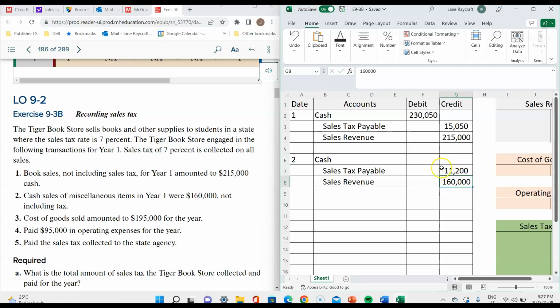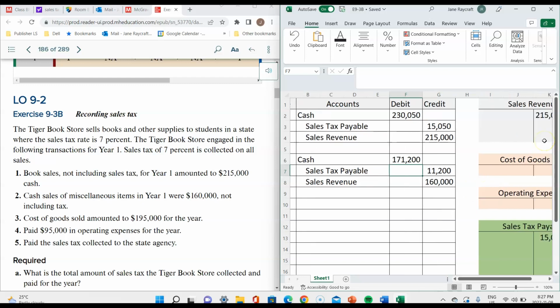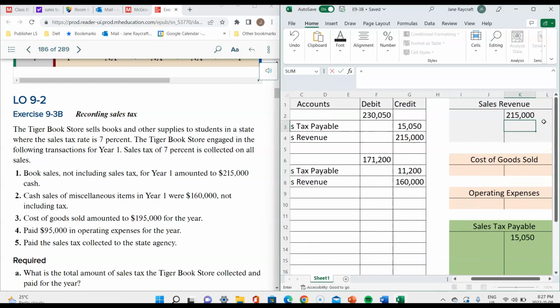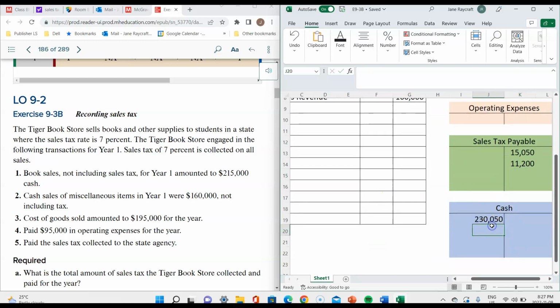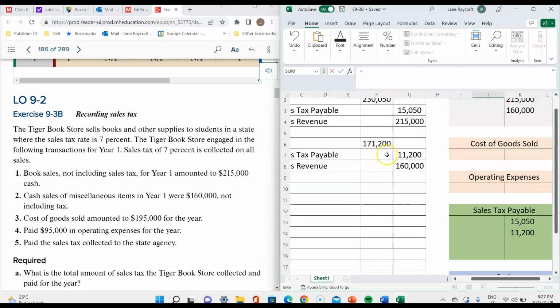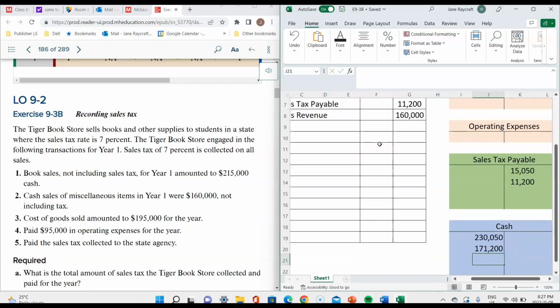And again, our cash is just going to be the combination of those two amounts. Okay, we are cooking. So again, we're going to post them into our T accounts so we can keep track of how much we owe in sales tax and our total revenues and how much cash we have, all very important aspects of our business.